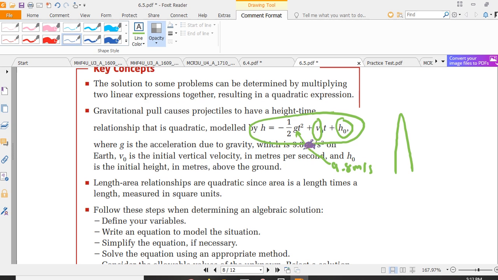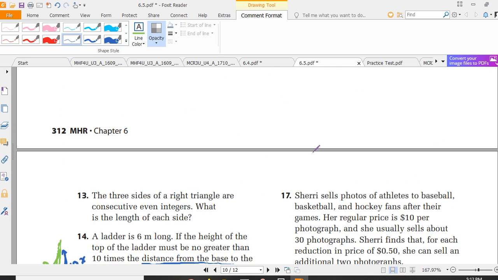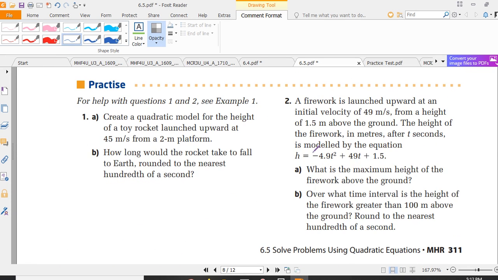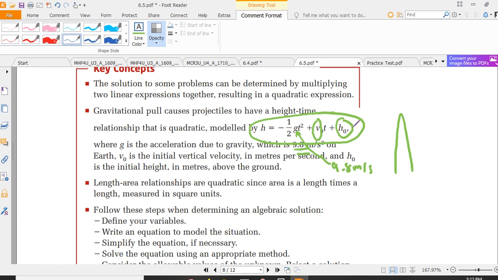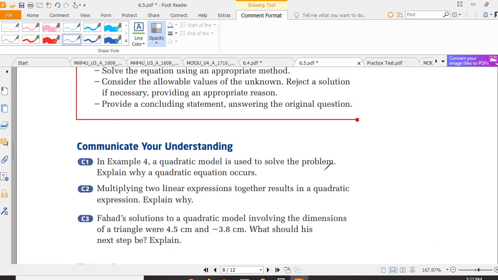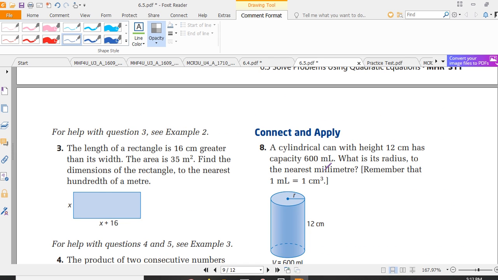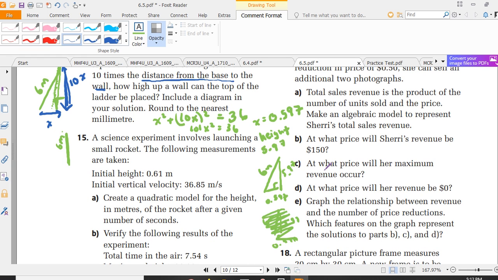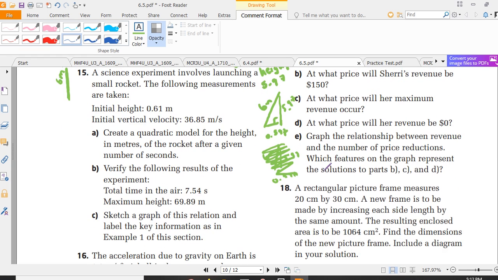It's a constant, and it's always given to you. So for 15, it's just a matter of plugging the numbers in. So initial height, 0.61. Initial vertical velocity is 36.85. So 0.61, 36.85, and the g is 9.8. You have yourself a quadratic function. Solve. That's pretty much it for that.